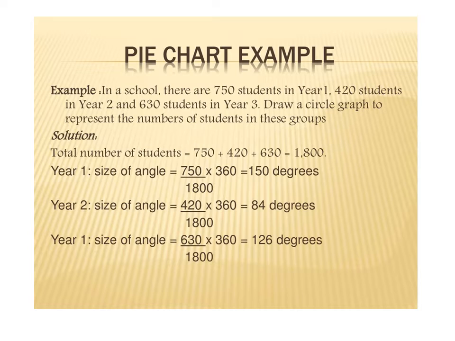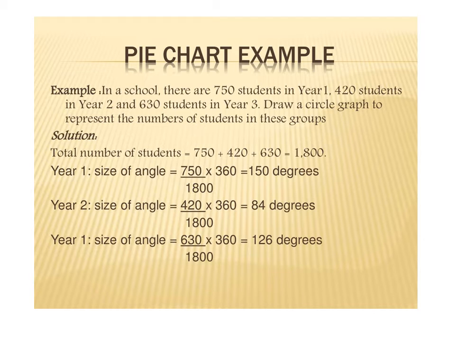Now for year 1, the size of the angle, or we can say the central angle, is equal to 750, the number of students of year 1, upon 1800, the total frequency or total number of students, multiplied by 360. After solving it, we get 150 degrees.